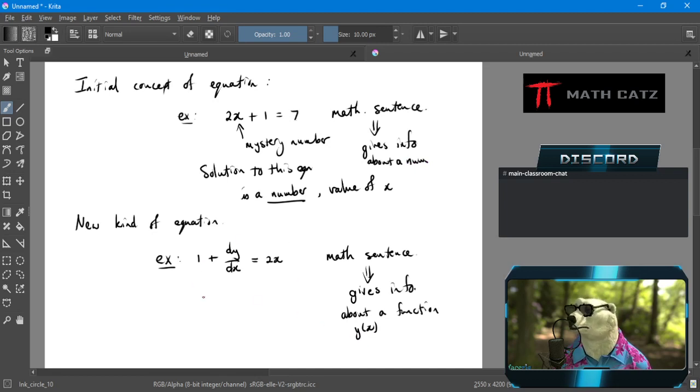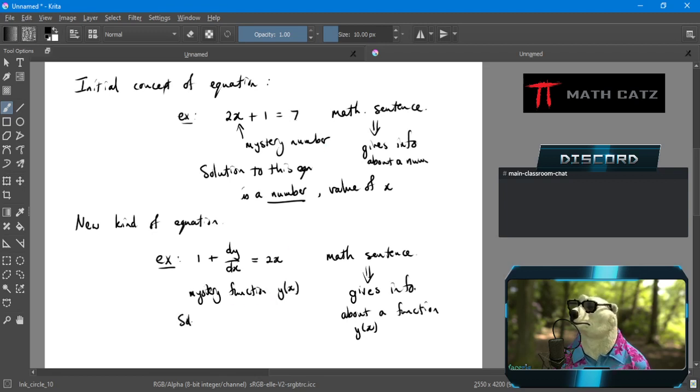And I'm trying to find the mystery function y of x. And the information that it gives me is that if I take the number 1 and I add the derivative of the function, I get an answer, so to speak, of 2x. So the sentence topic is different than my original style of equation that gives me information about a number. This one talks about a function.